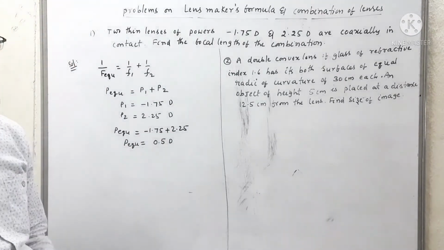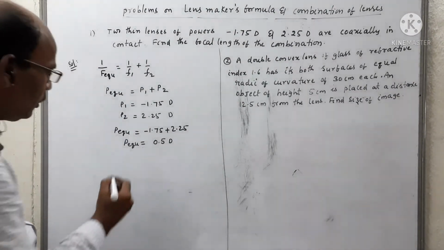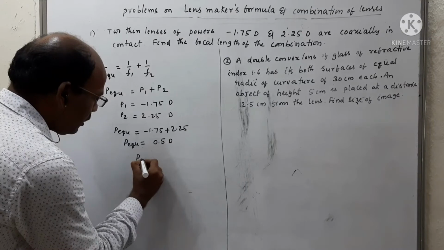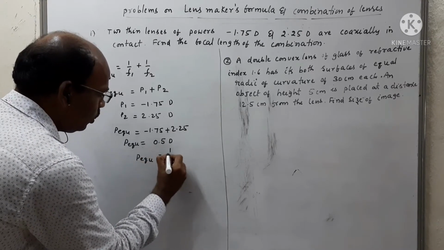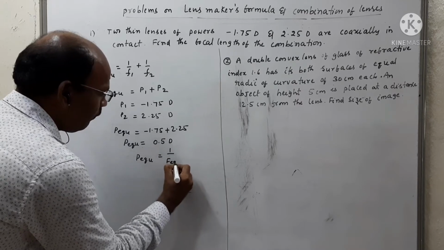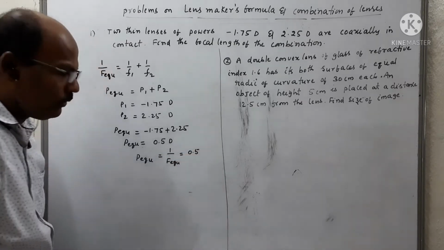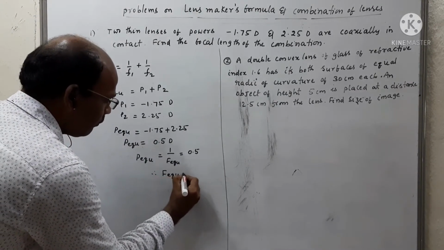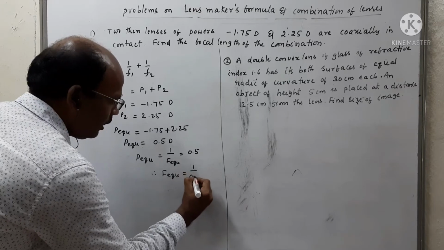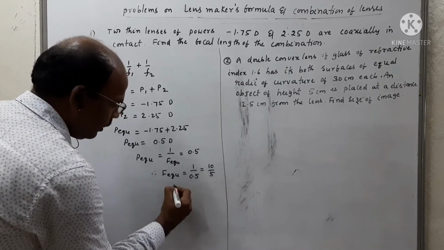But what is the equivalent focal length? P equivalent is equal to 1 by F equivalent, that is equal to 0.5. Therefore, F equivalent is equal to 1 by 0.5, that is equal to 10 by 5.